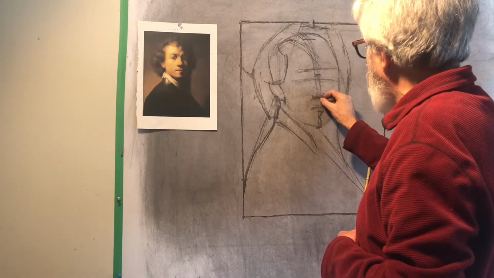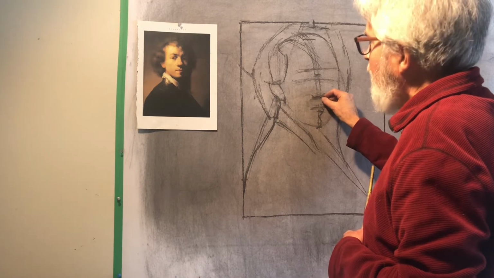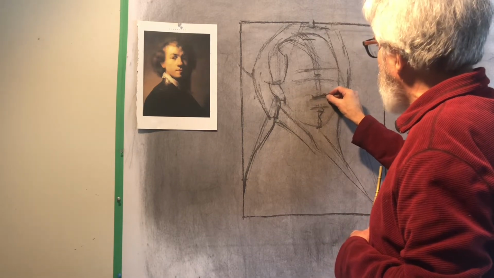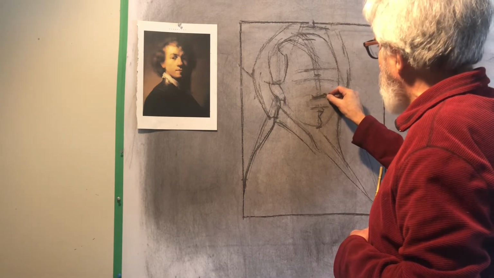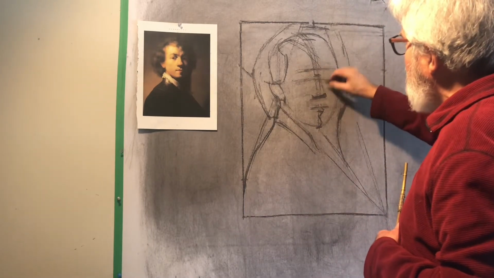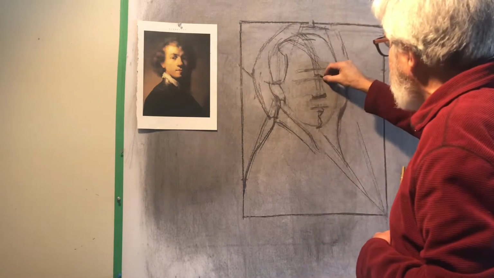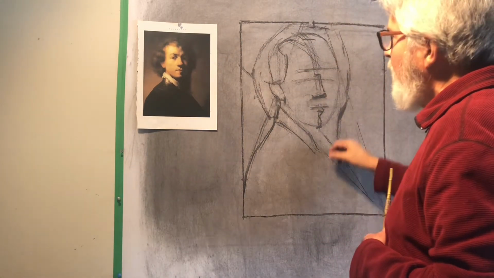I'm going to run a very little plane underneath that I see, and I'm going to bring it around the ball of the nose and do this, just to come up with a shape. This angle is going to connect to the glabella. I'm going to watch my angle.